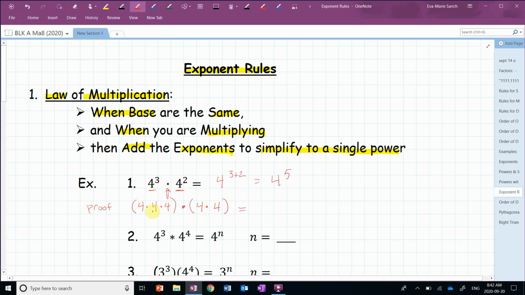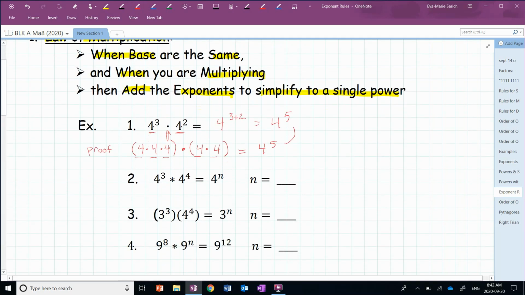Now, if we look at this, 1, 2, 3, 4, 5 4s all being multiplied together, so 4 to the 5th. So you can see this is an equivalent answer. So I've just proven to you that this rule works.